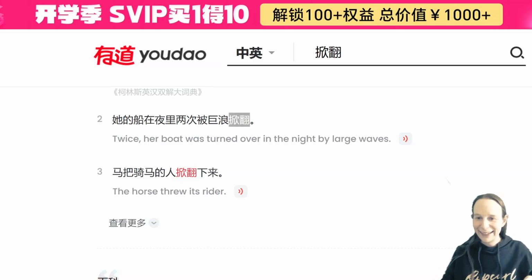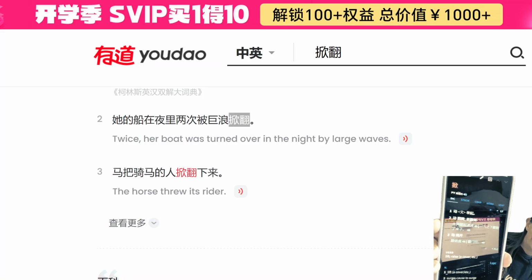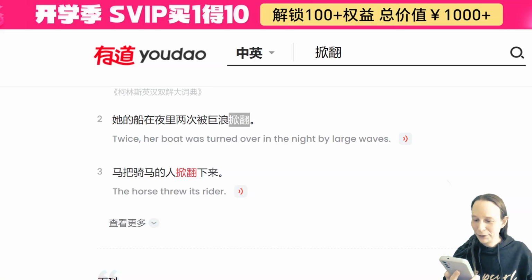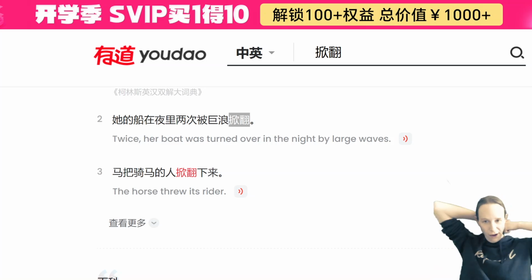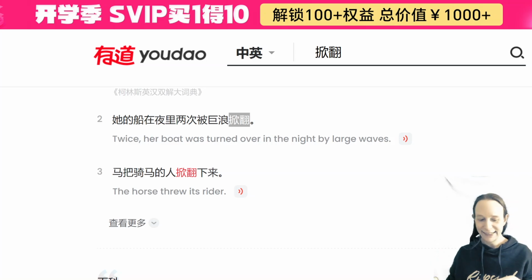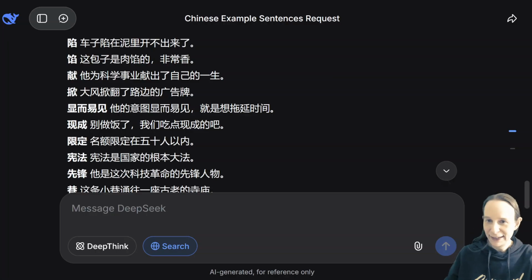I'll look it up on Pleco. The 规范词典 says 举起, to raise. Anyway, the second definition is 翻腾是翻倒. So it's not just raising, it's like toppling, overturning or capsizing something. Let us continue on with our mission, should we choose to accept it.